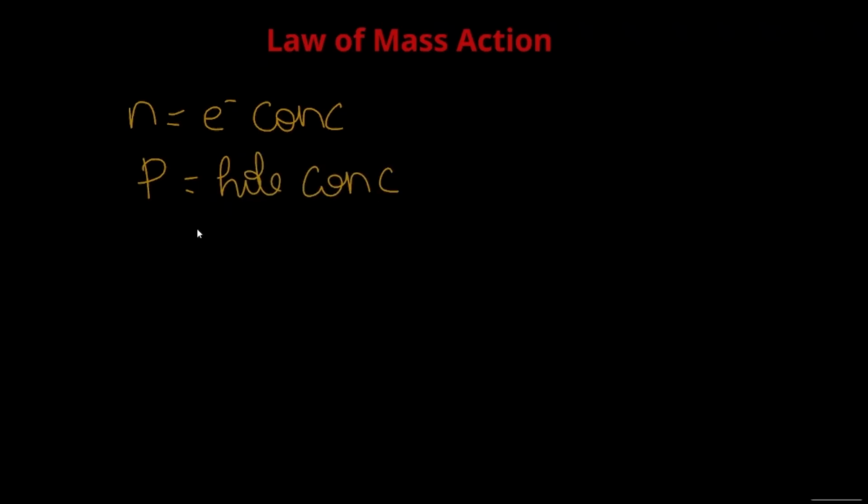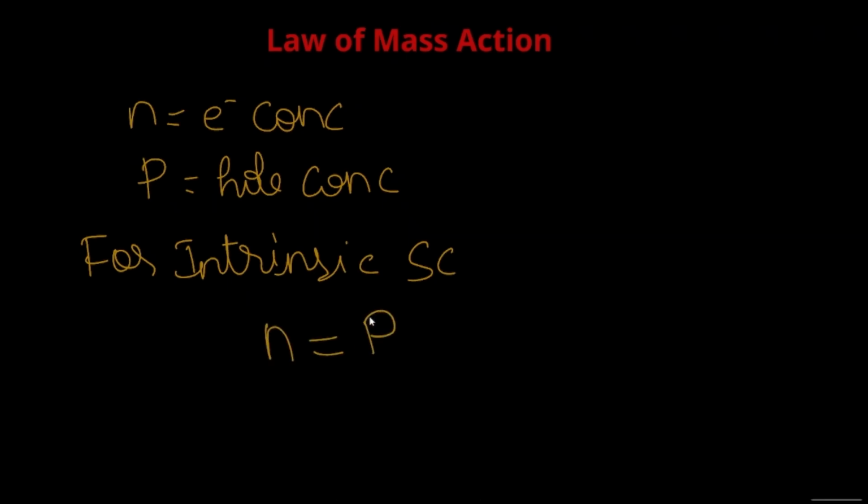We know holes are responsible for conduction in P-type materials and electrons are responsible in N-type materials. The letter N denotes the electron concentration and the letter P denotes the hole concentration. In an intrinsic semiconductor, the hole concentration and electron concentration are equal, and that can be denoted by the letter Ni, which is the equilibrium carrier concentration.